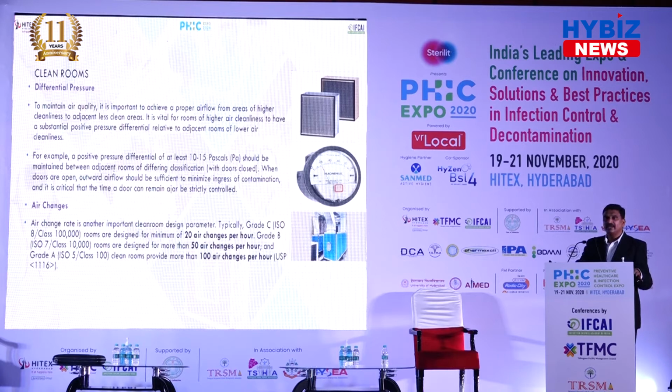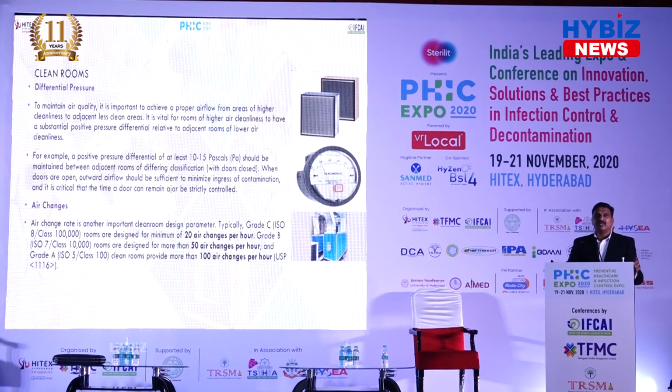That means every 1 hour the external filtered air replaces the inside air. For ISO 7, which is grade B, minimum 50 air changes should be maintained per hour, whereas for ISO 5, that is grade A, more than 100 air changes per hour should be maintained.